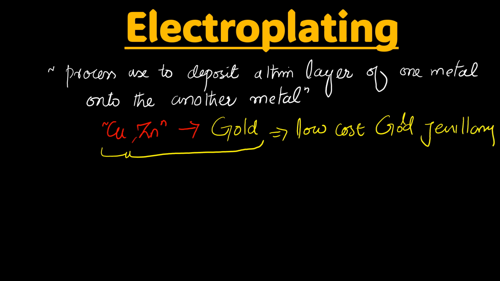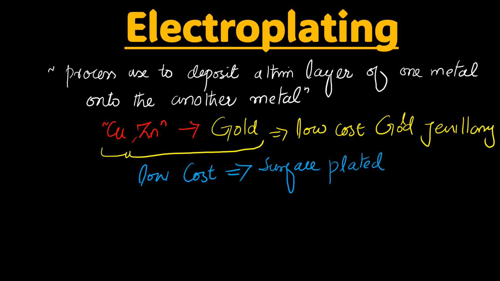So this means that in a jewelry shop, when you see that the jewelry is low cost and it sounds like it is made up of gold, it's not made up of gold, but it is surface plated by gold metal.